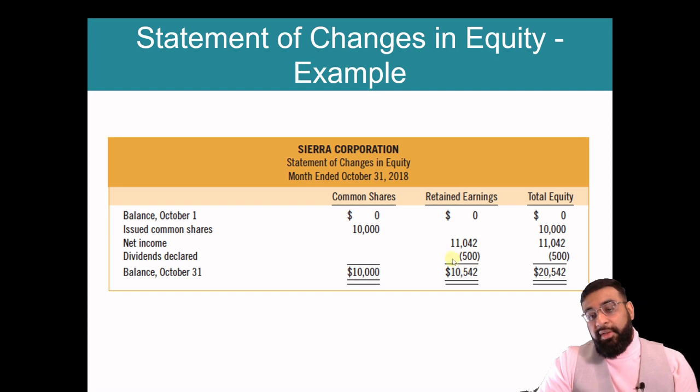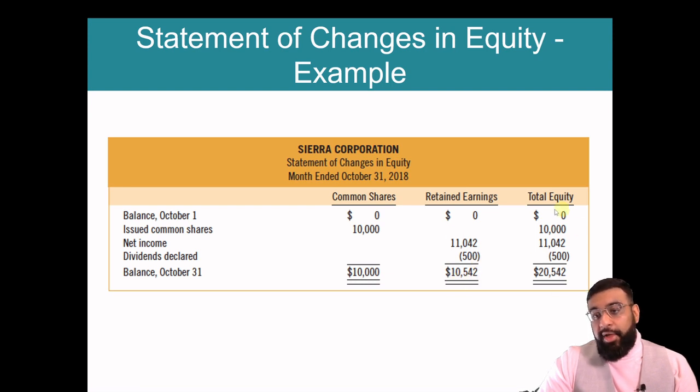This is negative because now we're losing value in our company. Remember, dividends are a payment to our shareholders, in the form of cash, so we subtract the dividends declared. In this case, 0 plus 10,000 is 10,000, and 0 plus 11,042 minus 500 is 10,542.